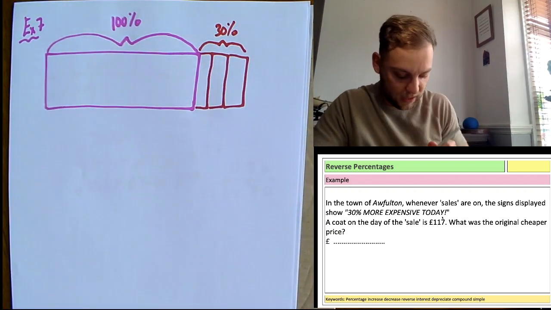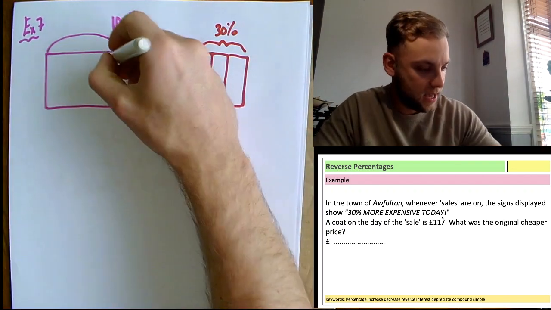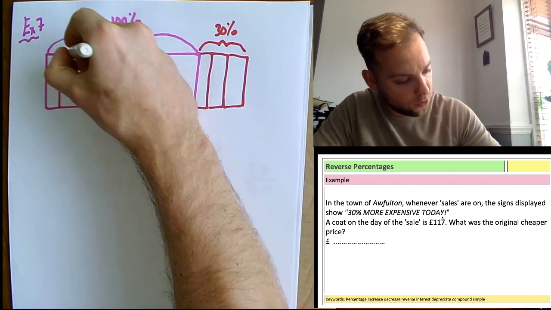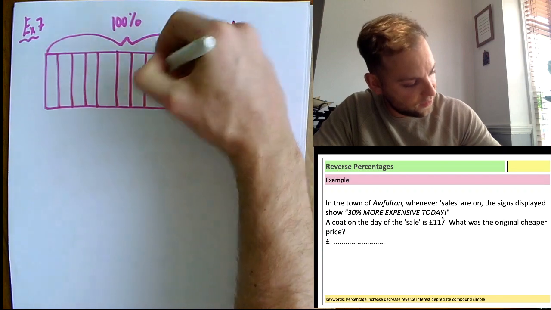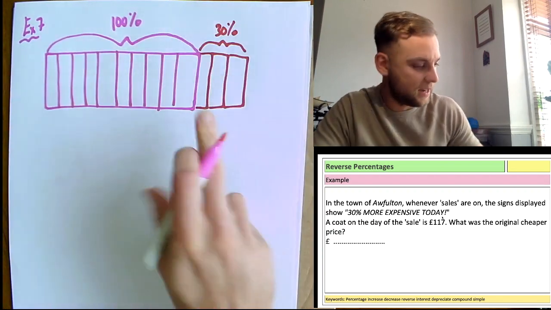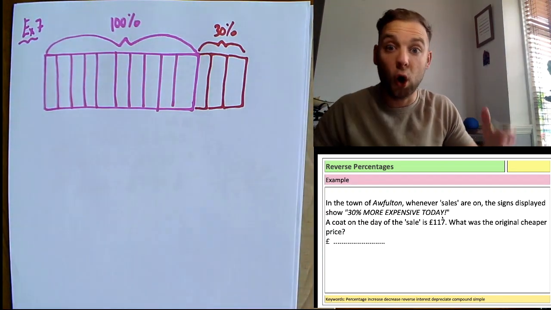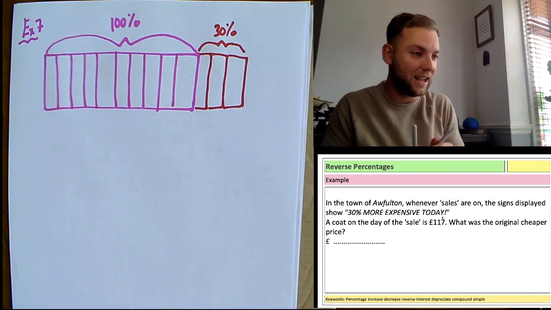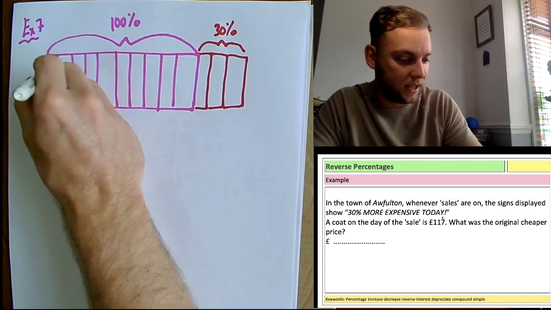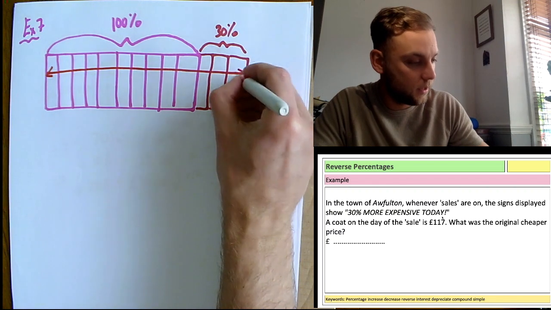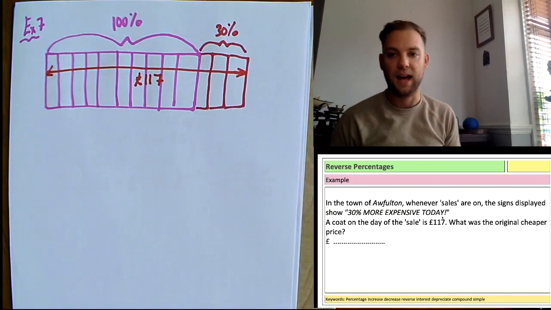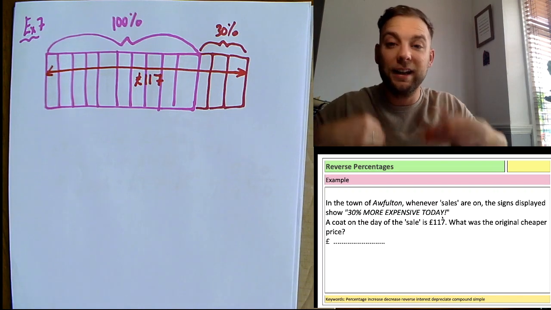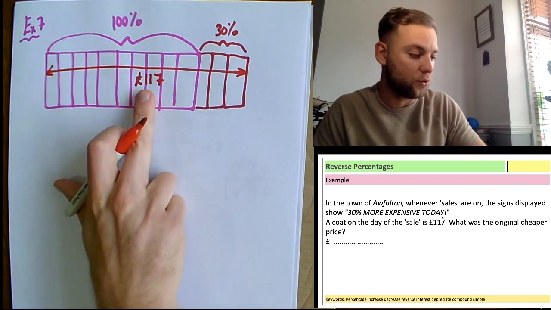Okay, so we can still split this up if you want. 1, 2, 3, 4, 5, 6, 7, 8, 9, 10, 11, 12, 13, 130. And it's saying that all of this is when it's been increased is £117. Okay, so the coat is increased in value and it's now worth £117.